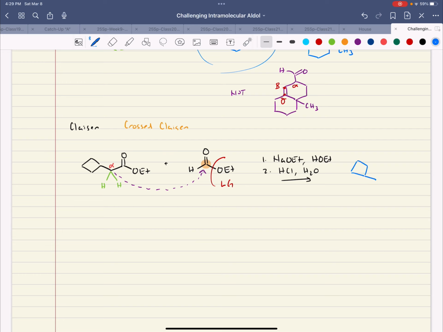Okay, that's horrific. Bond angles are not great, but as is. So the attacker doesn't lose its leaving group. Now here's the tricky part. And a lot of students do have a problem with this. Not that the molecule is too big.